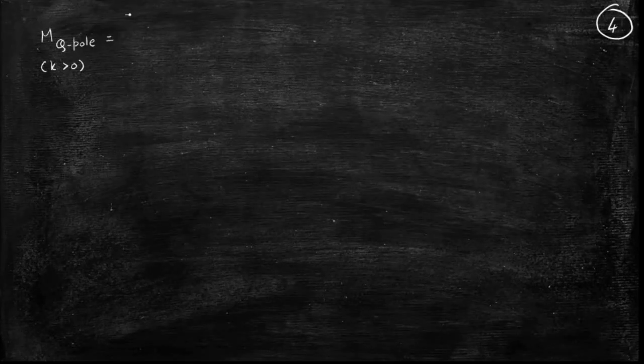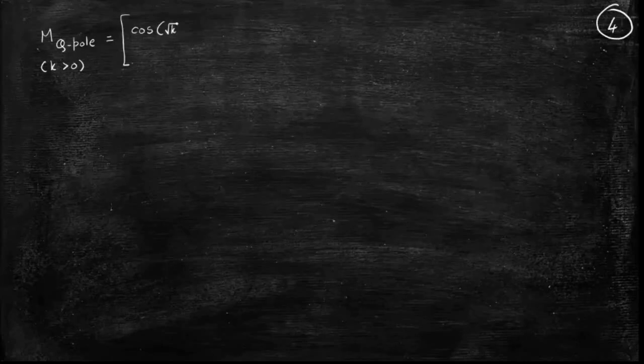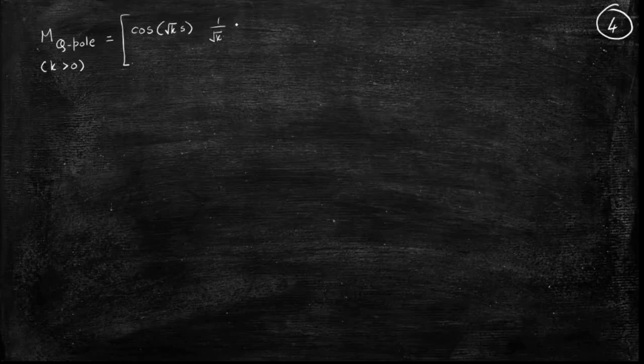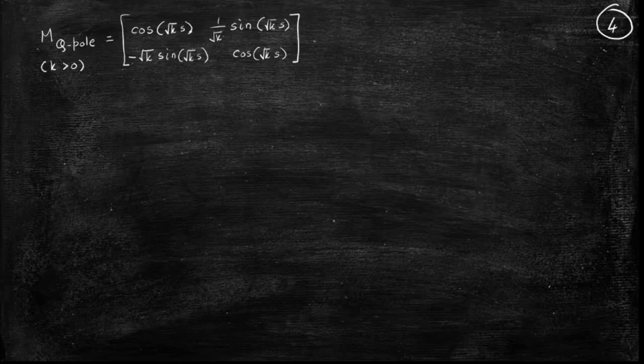This is nothing but our original matrix: cosine of root K times S, 1 by root K sine of root K times S, minus root K sine of root K times S. This is the standard matrix where K is a constant, and for the quadrupole, K is proportional to dB by dx.